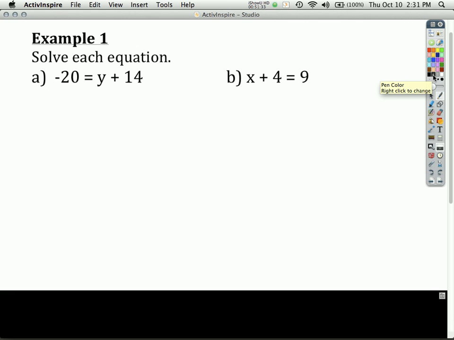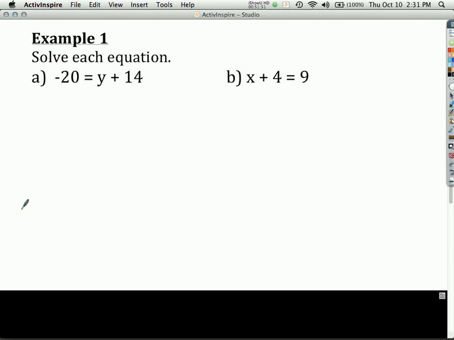Give me a thumbs up if mentally you think you already know the answer to part A. If you think you know the answer, I want you to write it really light off to the side of your paper, nice and small. We'll see if you get it right after we do it.